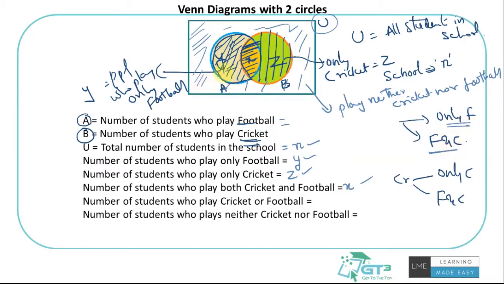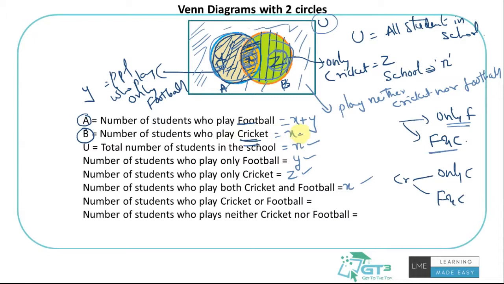That is, only football is Y and X is the people who play both. So X plus Y is the total number of students who play football, right? I'm basically adding both the parts so that I get the entire circle. Similarly, for the circle B, which is the number of people who play cricket, I need to add Z and X so that I get people who only play cricket plus the people who play cricket and football.